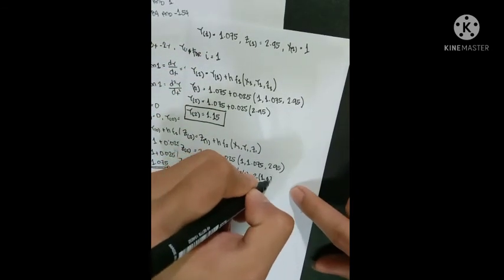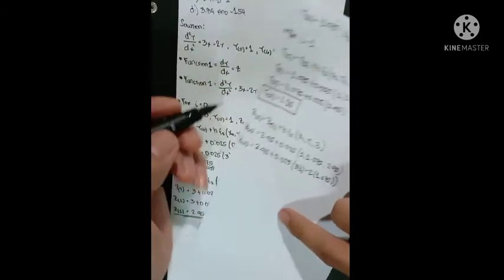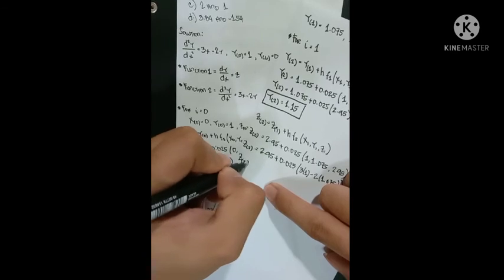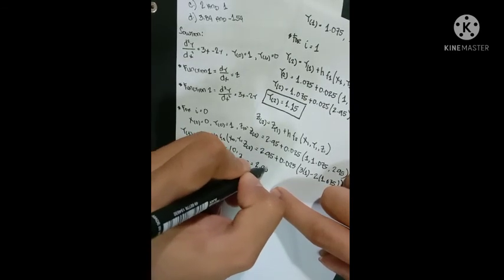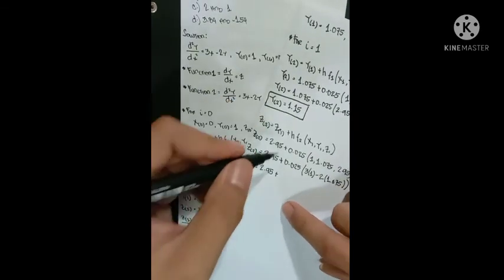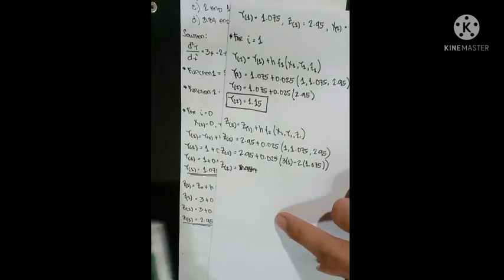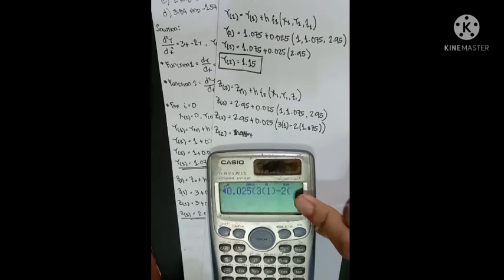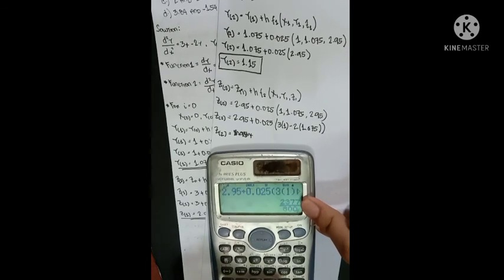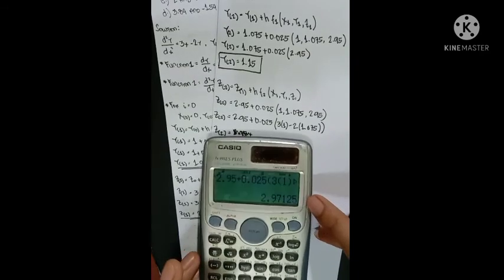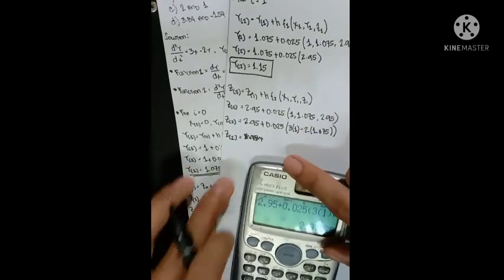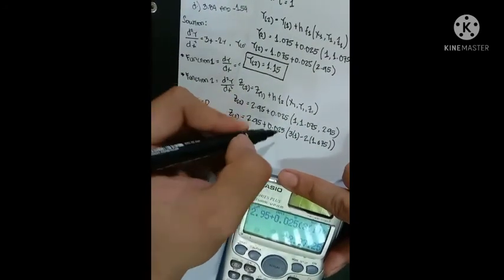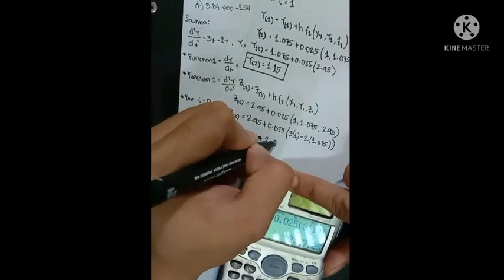So z2 is 2.95 plus 0.025 times 3 times 1 minus 2 times 1.075. We have the value of 2.97125, or 2.97.